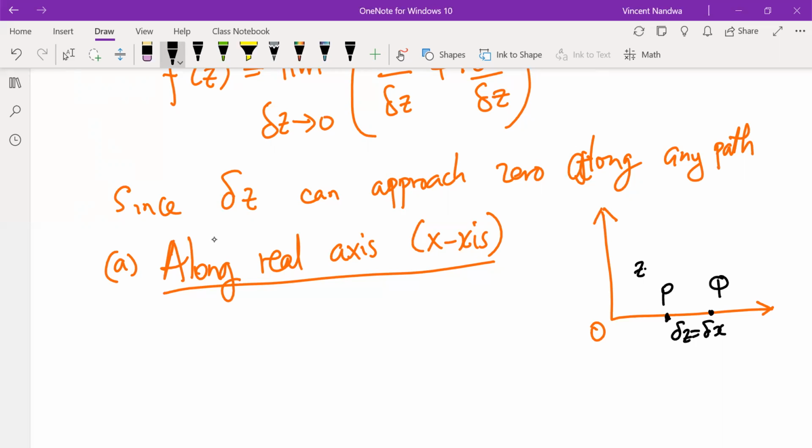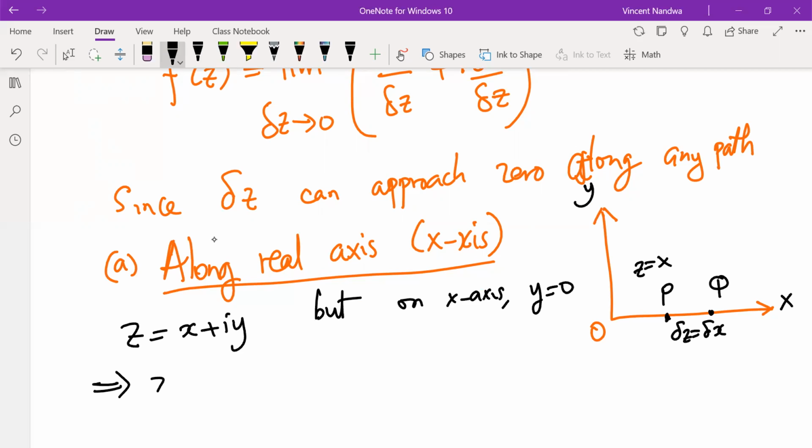So z equals x now in this case. Along the x-axis, or along the real axis, the imaginary part is 0. By definition, z is x plus iy, but on the x-axis, remember this is y, this is x, y is 0.